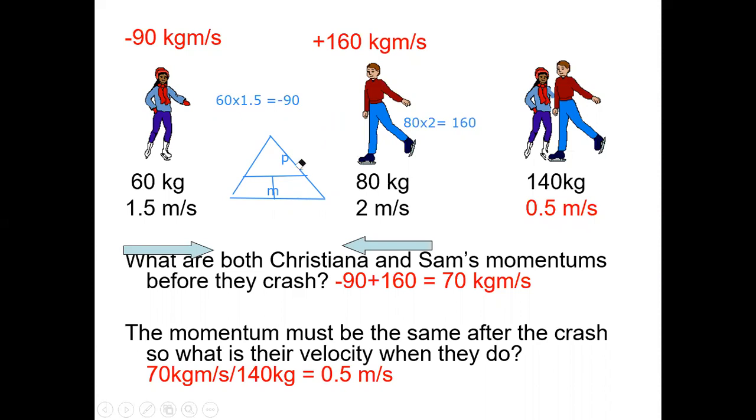So the momentum of both people, 70, divided by 140, which is their mass after the crash, gives us a total, in the calculator, of 0.5 m/s. Okay, and that is how you should be able to work out the velocity or the momentum with moving objects.